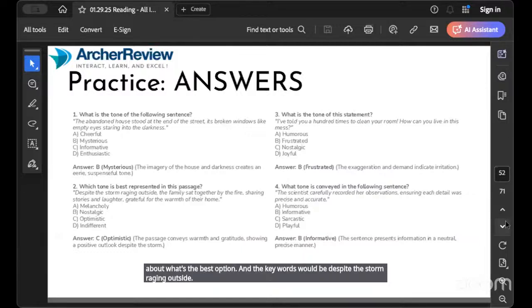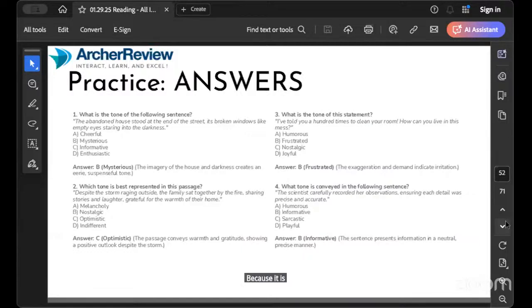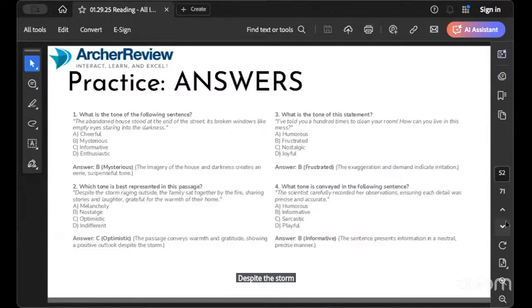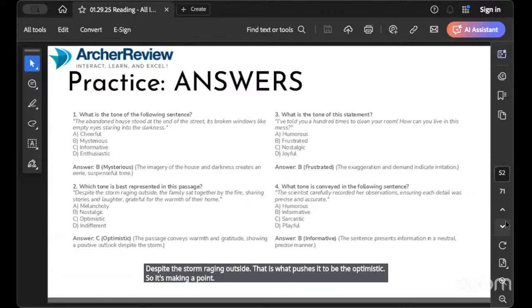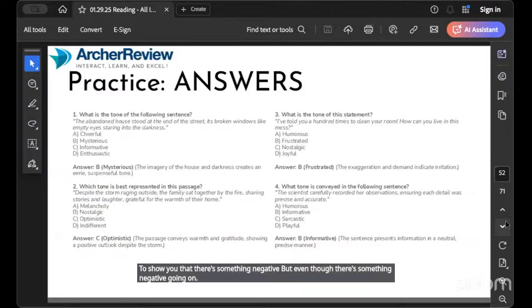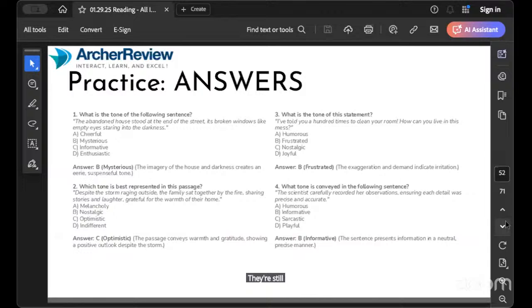Because it is so specific to point that out, because it starts with that introductory phrase, despite the storm raging outside, that is what pushes it to be the optimistic. So it's making a point to show you that there's something negative, but even though there's something negative going on, they're still pulling together and laughing and sharing stories.